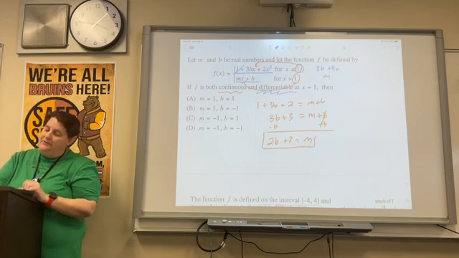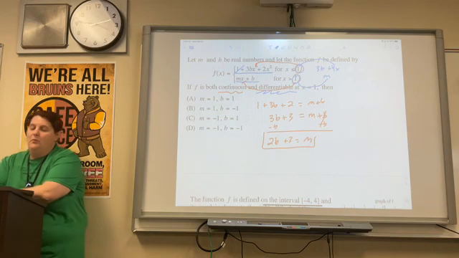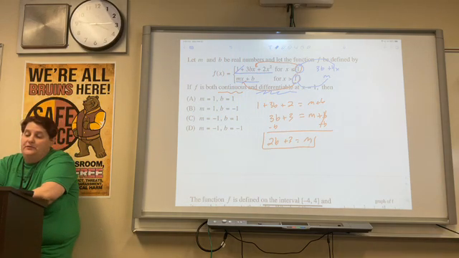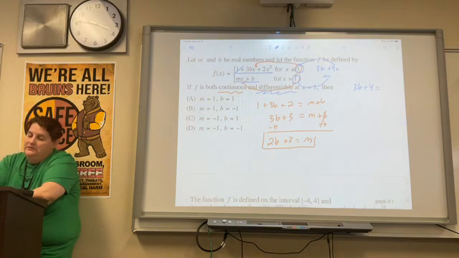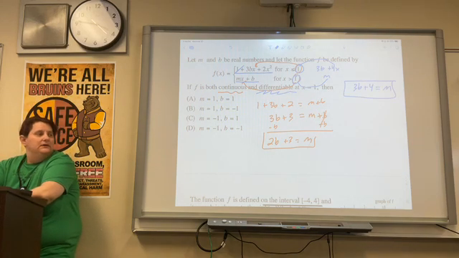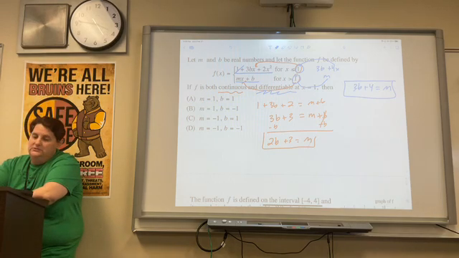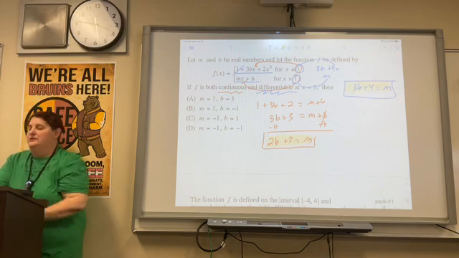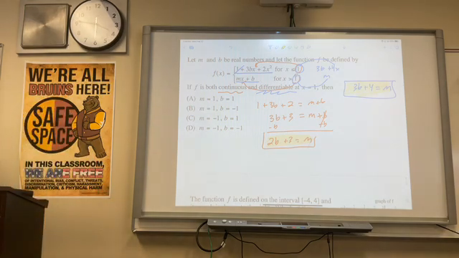And I'm supposed to plug in 1 to the top and to this one, right? But I'm plugging in 1 for x. So this tells me 3b plus 4 equals m. Do you know what that is, boys and girls? It's a system of equations. It's 2 equations with 2 variables. Have we talked about this enough now that you guys can solve those? Yeah?